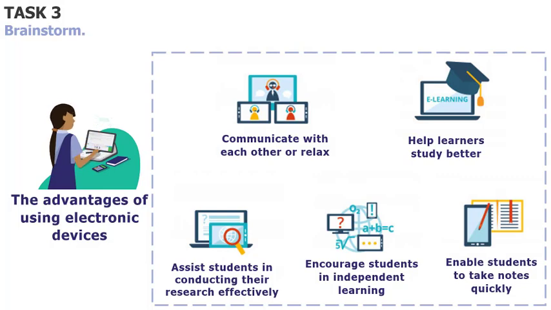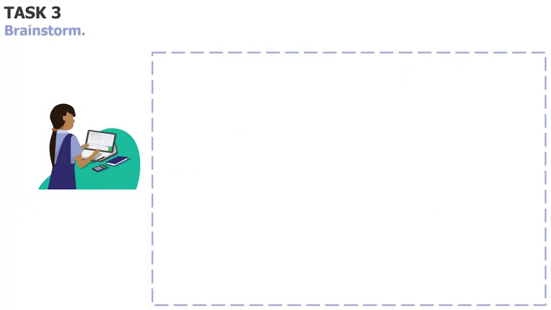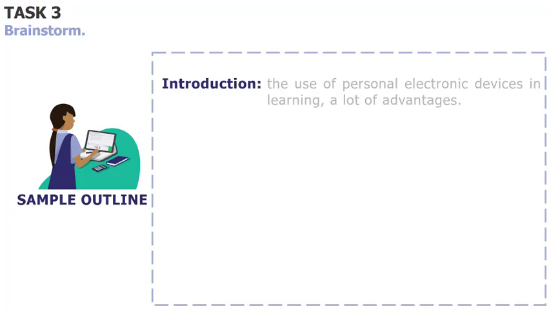Next, I will show you a sample outline for the topic, the advantages of using electronic devices in learning. In the first part, introduction, we can start with a topic sentence that introduces the main idea. The use of personal electronic devices in learning, a lot of advantages.